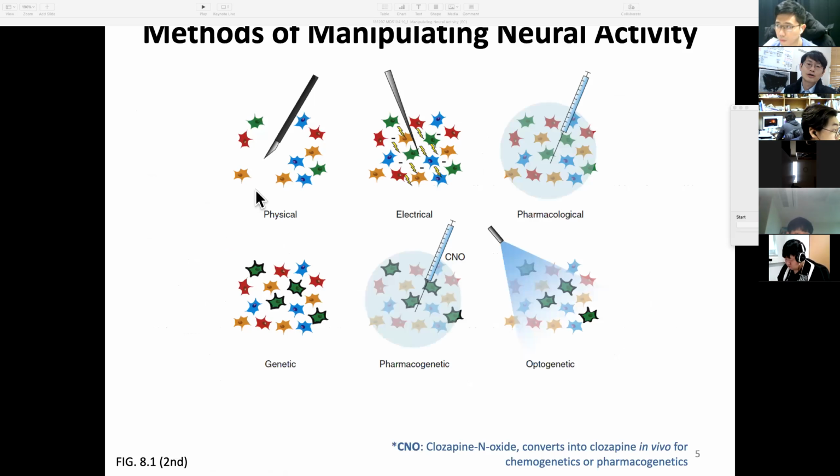Okay, so let's talk about methods of manipulating neural activity. This simple cartoon from the textbook explains a lot. First, it shows a physical manipulation, a blade, like a neurosurgeon removing part of the brain.